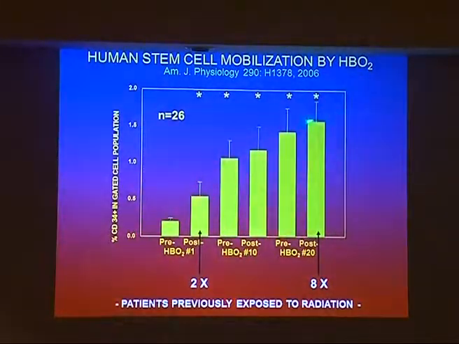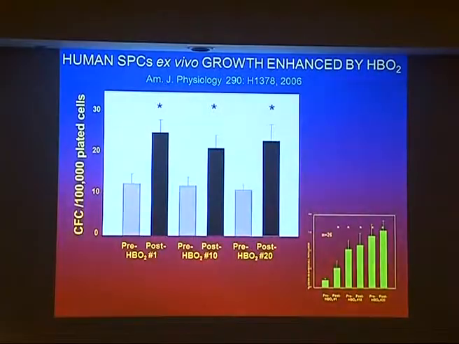And we see this progressive rise in circulating stem cells in human beings, maxing out at about 8 times normal, which is pretty much as good as you can get with any of the current chemotherapeutic agents for mobilizing stem cells. Now, so there's increased numbers of stem cells by hyperbaric oxygen, and it's a nitric oxide synthase mediated response. So again, this yin-yang thing, reactive oxygen species mobilize stem cells.